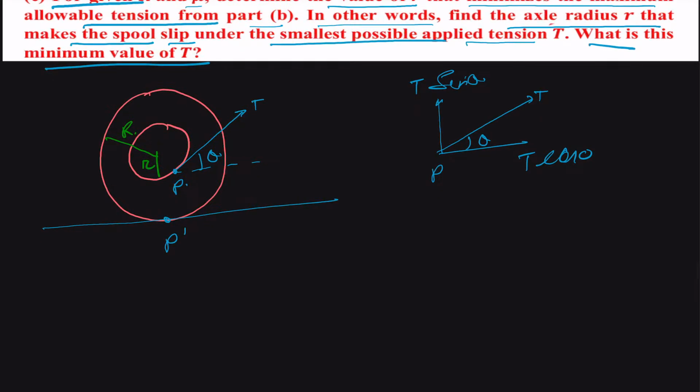And suppose this is center C. So center C is somewhere here, and this is our P prime. We are going to have mg in the downward direction, and there will be a force of friction, let us suppose of F, and there will also be a normal acting in the upward direction. For the time being, these forces will be sufficient. Later on, if required, we can use more forces.